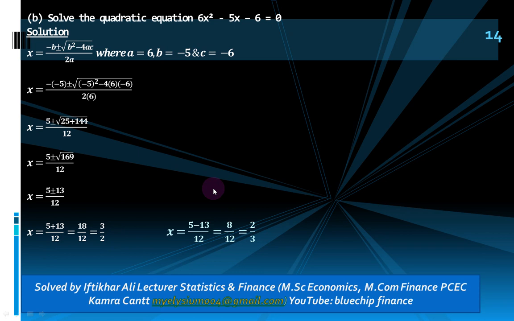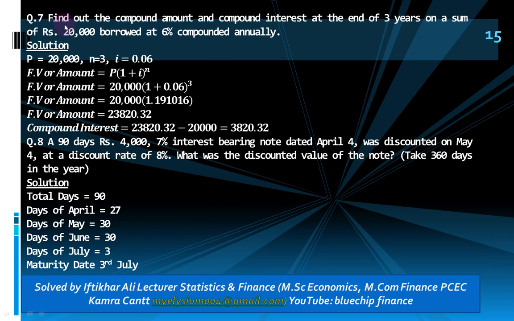Question number 7, that find out the compound amount and compound interest at the end of the 3 years on a sum of rupees 20,000. So principal is 20,000, borrowed at 6% compounded annually, interest rate is 0.06, and n will be 3. Compound interest formula is equals to P multiplied by 1 plus i raised to power n minus P, and future value or amount formula is equals to P multiplied by 1 plus i raised to power n.